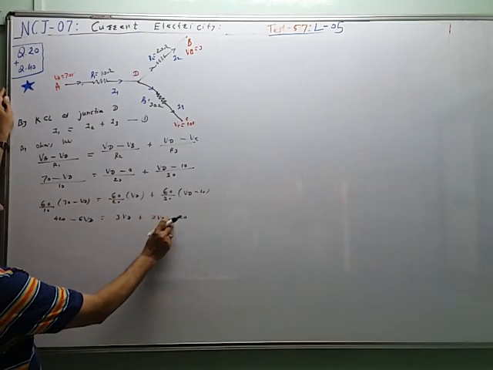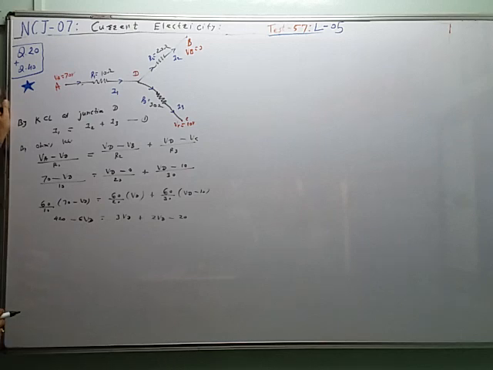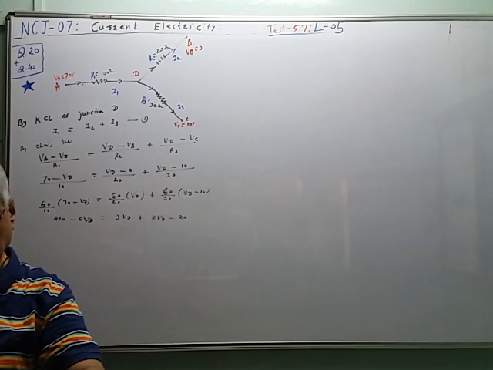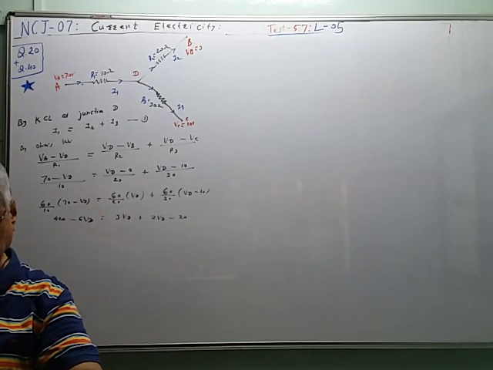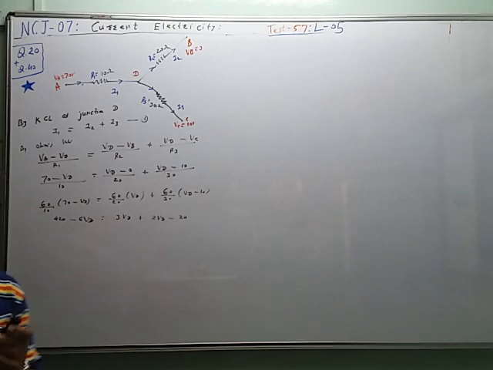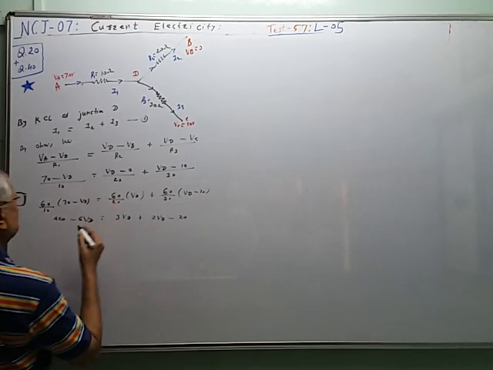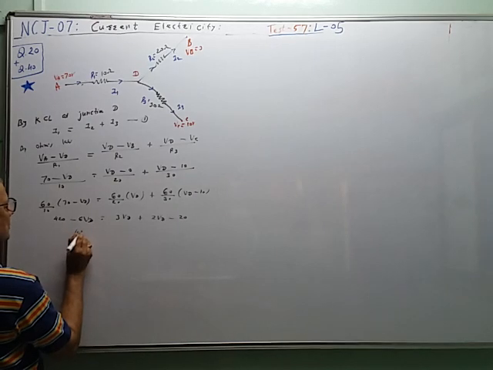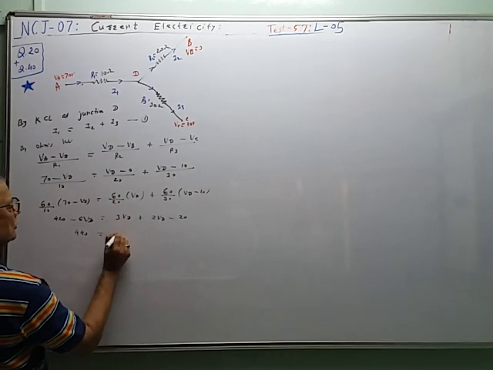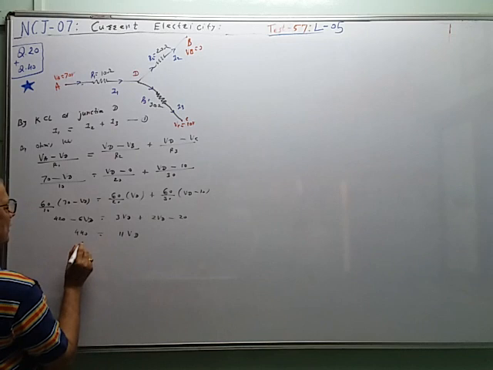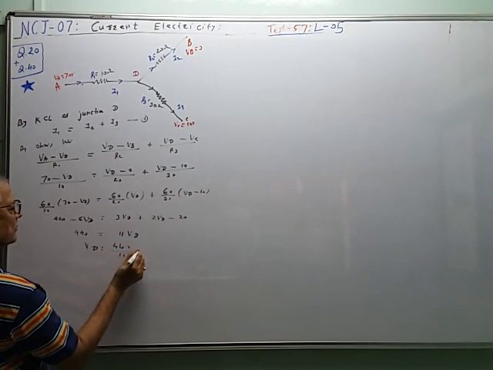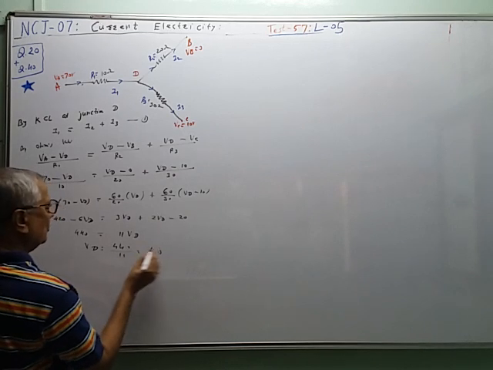It will become 2 times VD minus 10, like this. So this 20 will go on this side. So 440 is equal to 11 times VD, and therefore VD is equal to 440 by 11, that is equal to 40 volt.